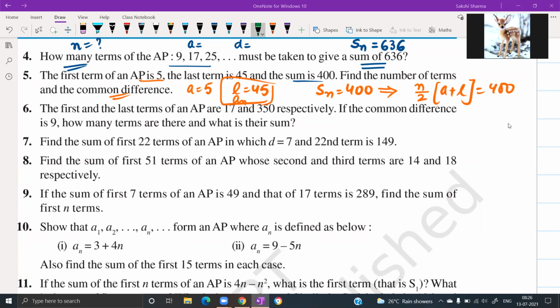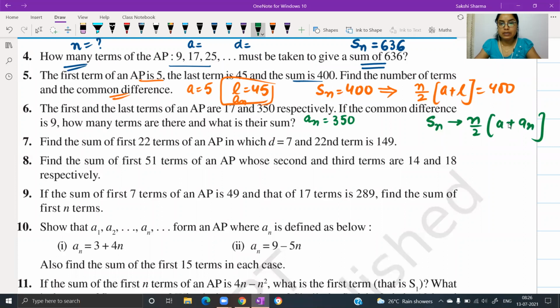Ma'am, here we can put An equal to 350, from where we can get the value of n, and further putting it in the equation, n by 2 first plus last term gives us the sum. So with the help of the nth term, we can find out the value for n because we already have A and D.